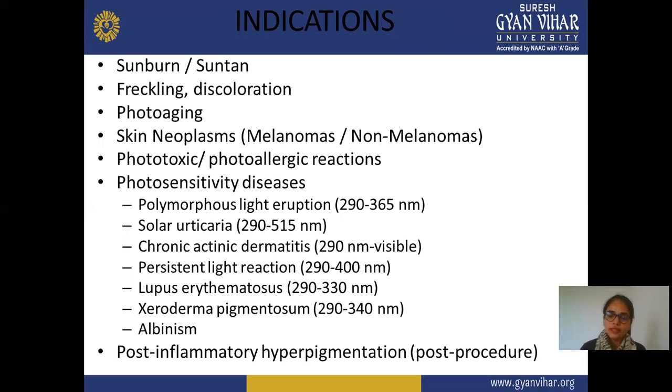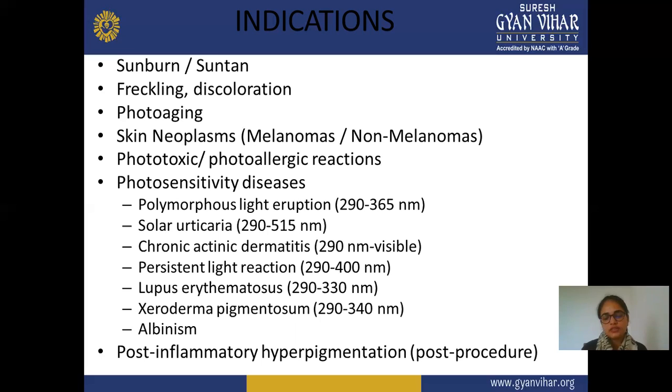Next is photoaging. Some aging effect is also produced, and the skin looks like that of a very old person. Next are neoplasms, melanomas and non-melanomas. This is a skin problem, or you can say disease. And next are phototoxic and photoallergic reactions, some sensitivity reaction due to sunlight. And next is photosensitivity disease.